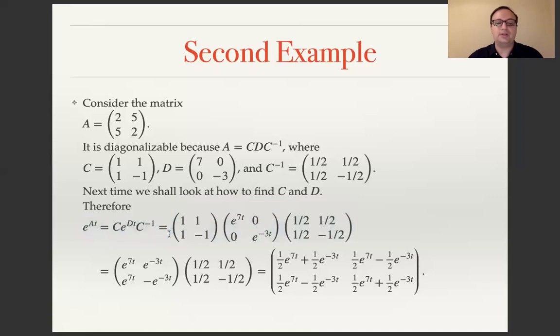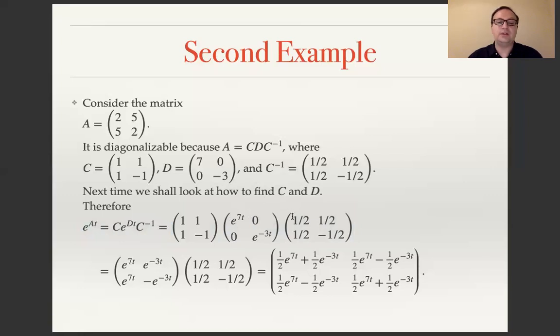The matrix C is still the same, so 1, 1, 1, minus 1. The exponential of Dt is the diagonal matrix with entries e to the 7t and e to the minus 3t on the diagonal and 0 off the diagonal.